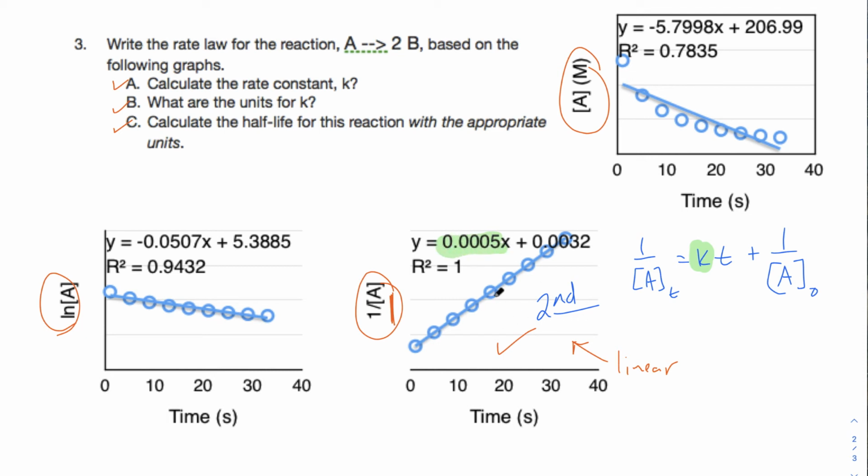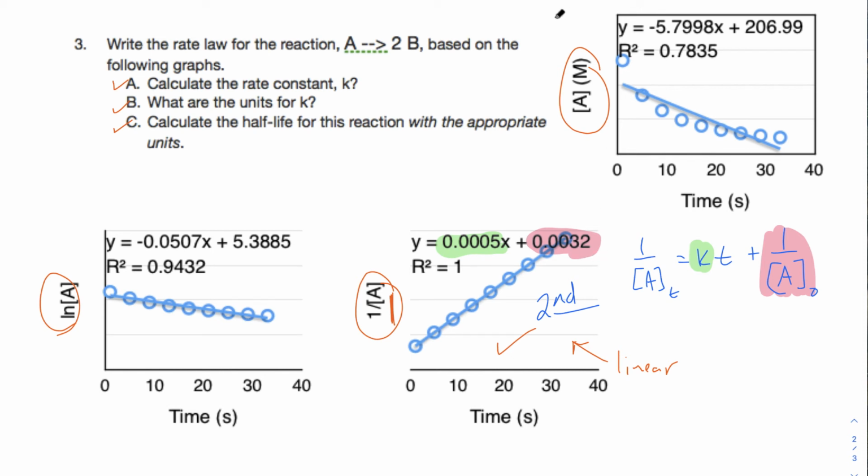It's the slope of the line. And then the other data point, and we don't always use this, but we do use it in this particular problem, is that the inverse of the initial concentration of A is the y-intercept, so 0.0032.